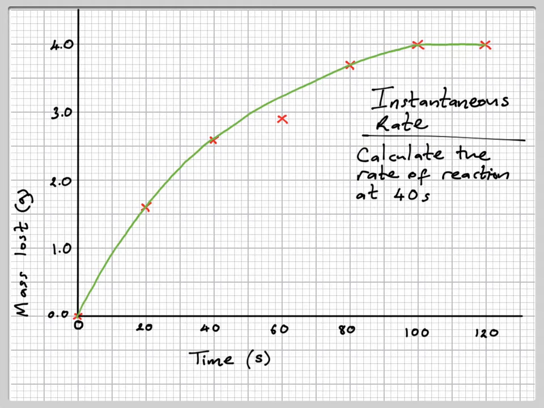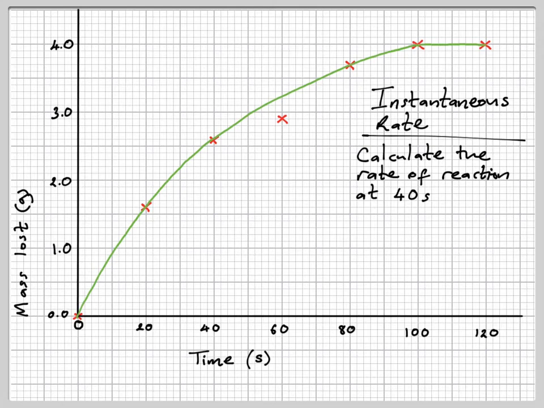In order to calculate the instantaneous rate of a reaction, what you need to do is to identify the point or the moment at which you want to calculate the rate, draw a tangent, and find the gradient of that tangent.